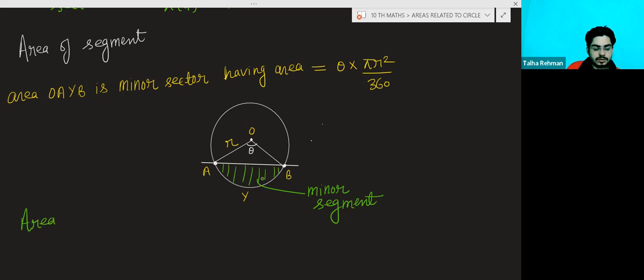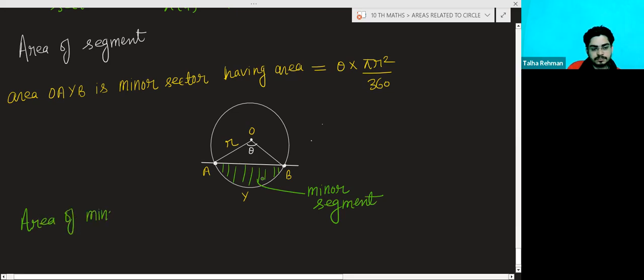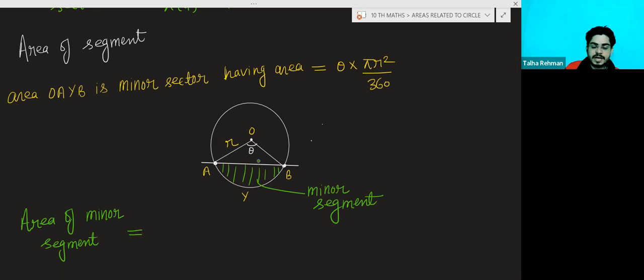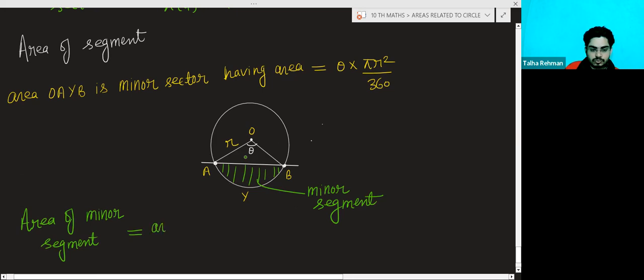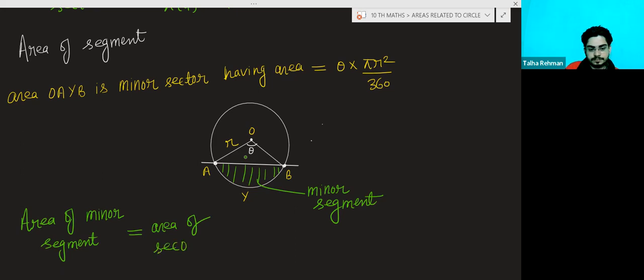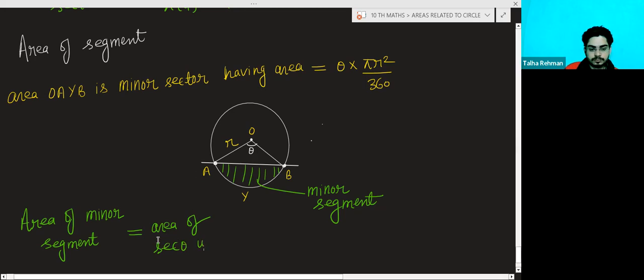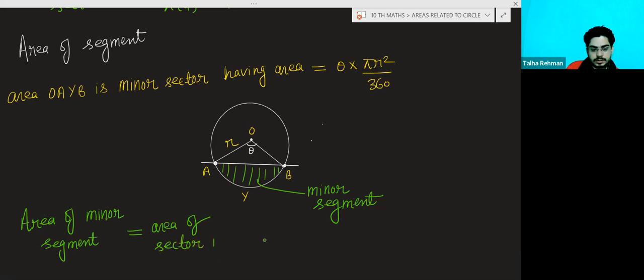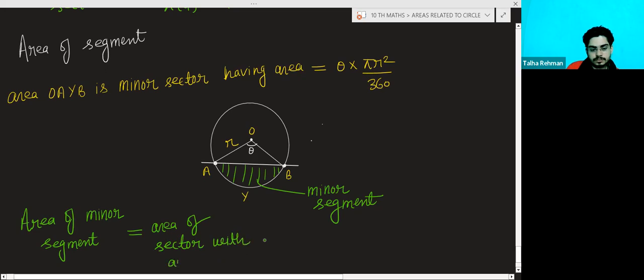So area of minor segment is equal to area of this whole sector, area of this minor sector, minus area of triangle. So area of sector with angle theta minus area of triangle OAB.